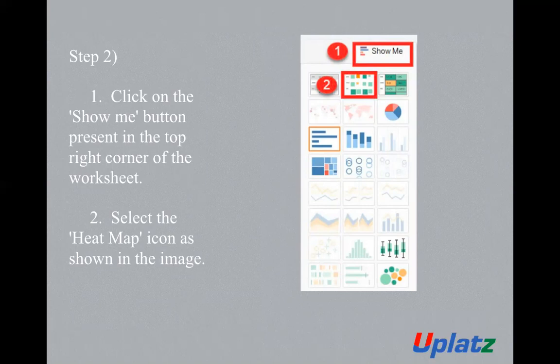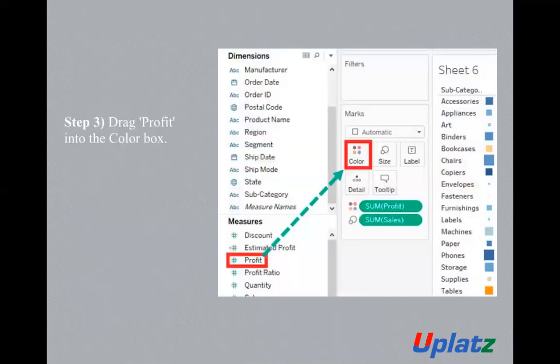Tableau has this beautiful power of highlighting the possible graphs that you can make with the selected options. So with these measures and dimensions, we can create the highlighted graphs only. So we should go on heat map. And once created, you can then drag your profit in your color box.